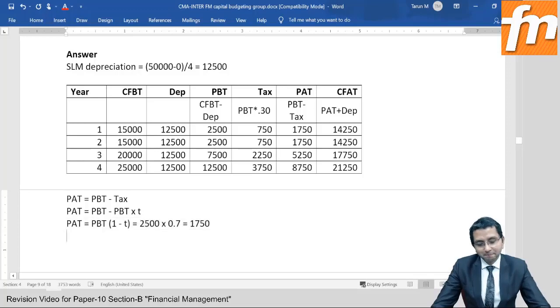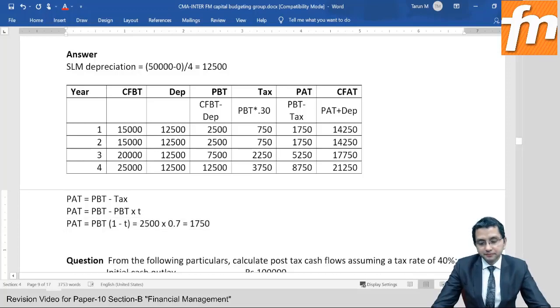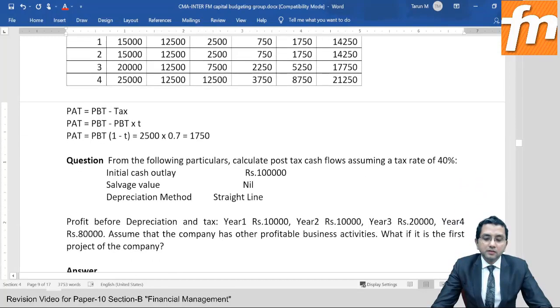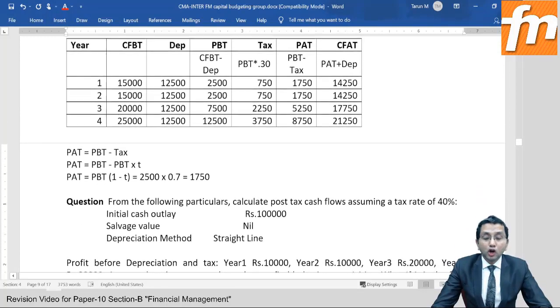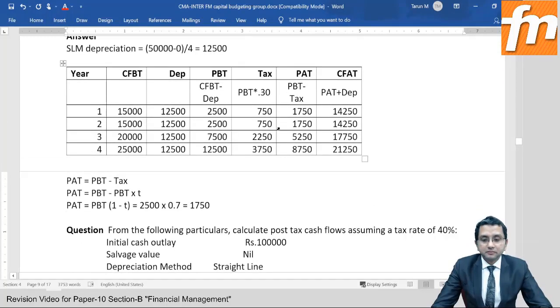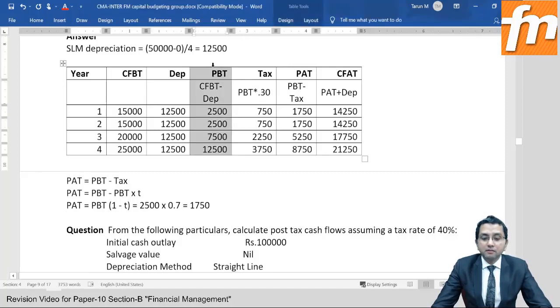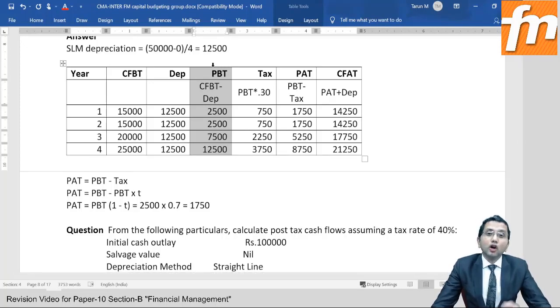Okay, good. But what if there is a loss? See, here in this question, PBT was positive for all 4 years. If PBT is negative, it means there is a loss. You need not pay income tax. In fact, you should not pay, I'll say.